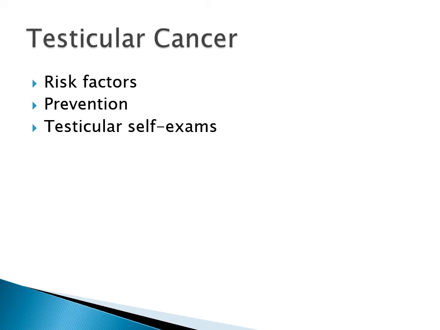And again, we're really going to want to target those 15 to 35-year-olds to make sure that they are doing regular testicular self-exams. So the best time is during or after a bath or shower, because the warm water will actually make it easier to feel any abnormalities, because the skin of the scrotum is going to be relaxed. So you want to instruct them to hold the penis out of the way and check one testicle at a time.